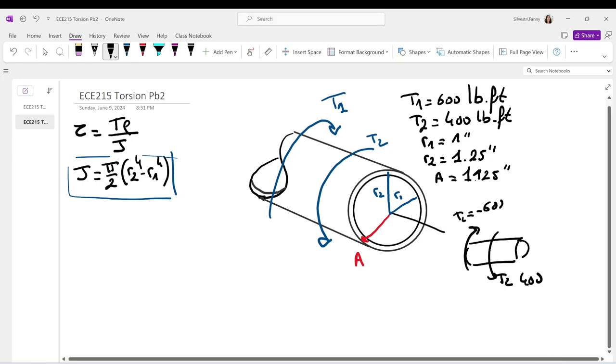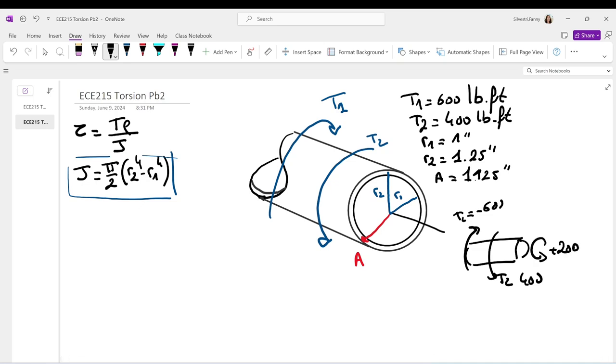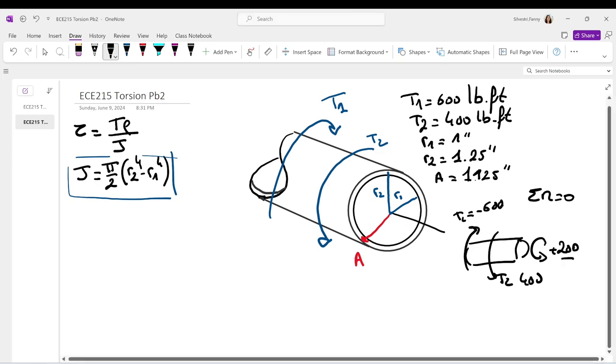So here we will have in that direction a plus 200 pound. Okay, so we add them the same way we add the forces. We do sum of the moment equals 0: minus 600 plus 400, we get plus 200 equals 0 to get our moment. Sorry, I did that fast. Let me know if you have question on that.